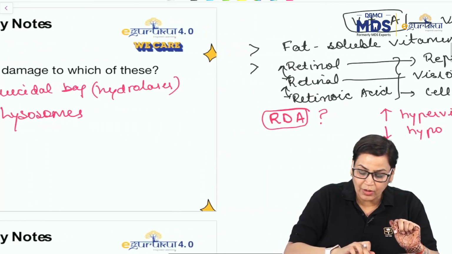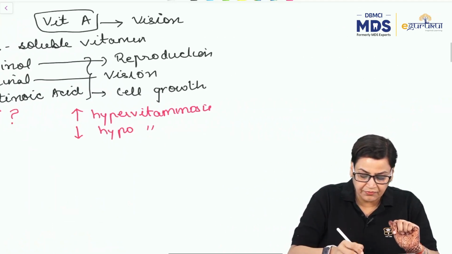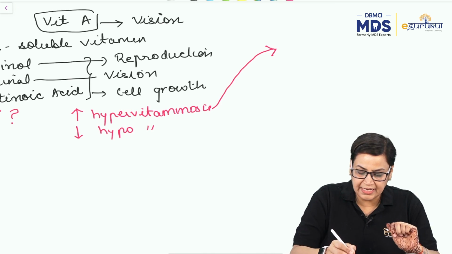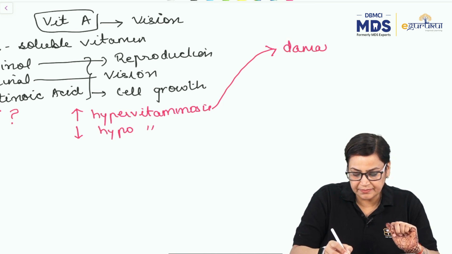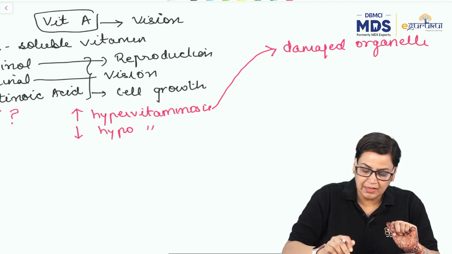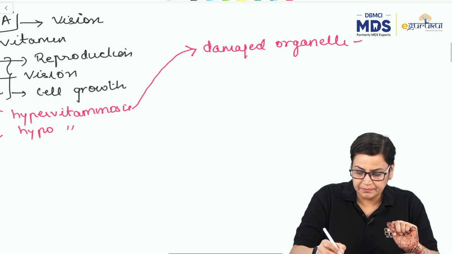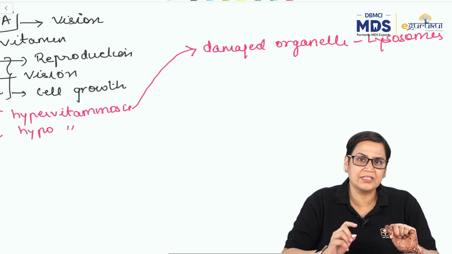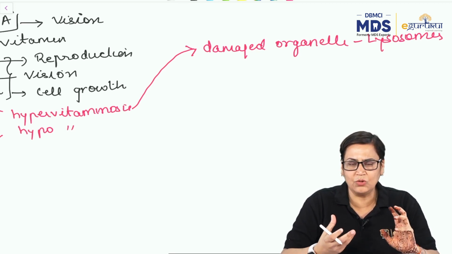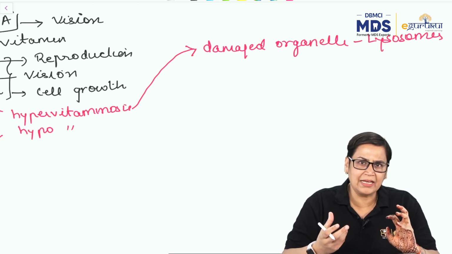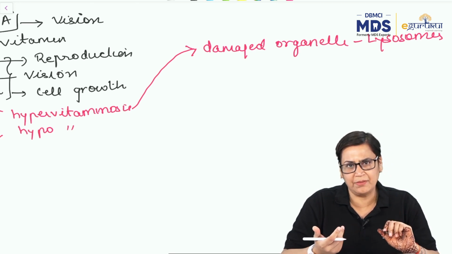Now, what are the features when hypervitaminosis occurs? Since vitamin A is stored in the liver, those people who stick to their diet are more likely to be prone to this hypervitaminosis.